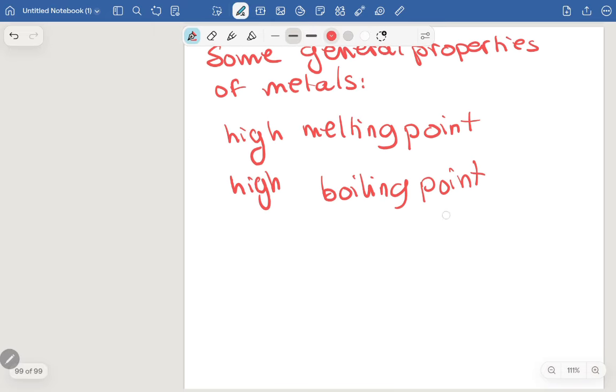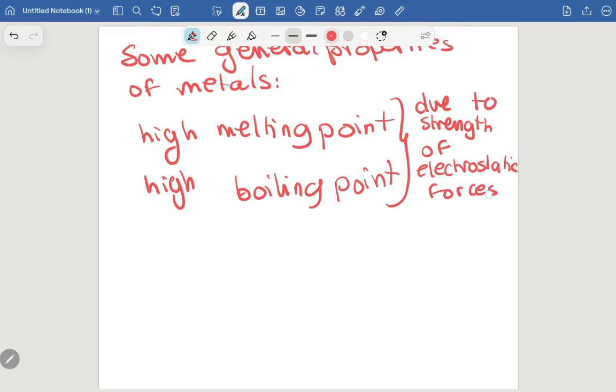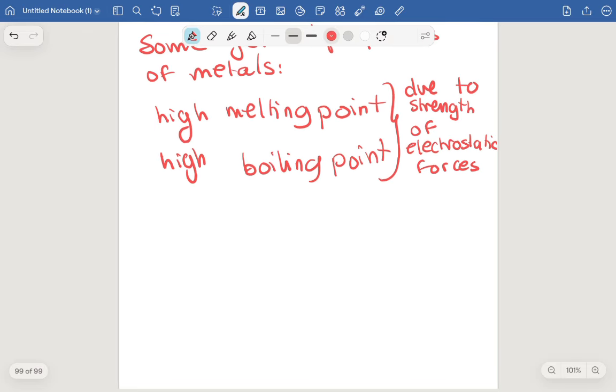This is due to the strength of bonds, because they have very strong bonds or very strong electrostatic forces. And because these electrostatic forces cause strong bonds, and strong bonds need a lot of energy to be broken, okay? So we just discussed why they have high melting points and high boiling points.